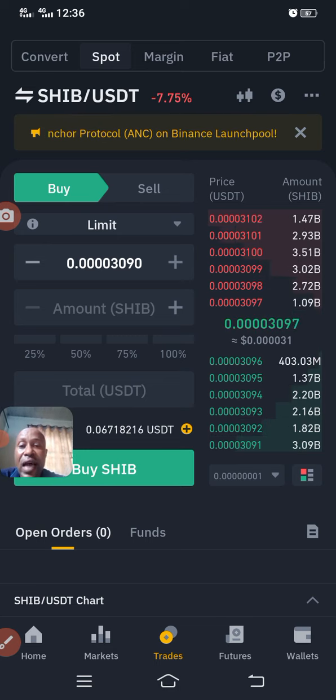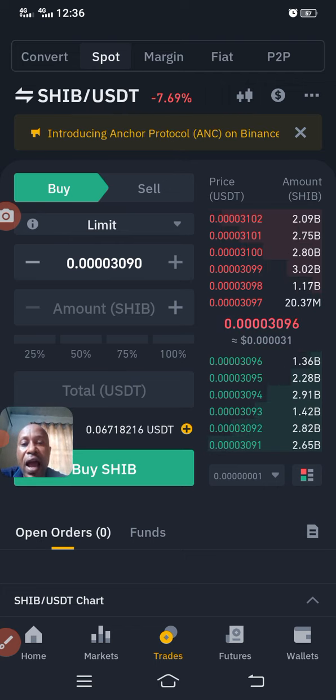So once I click buy, my order will not instantly execute until price hits 3090. Once price hits 3090, the Binance app will instantly execute, because I have given a command that once price hits this place, that is exactly where I will buy from.